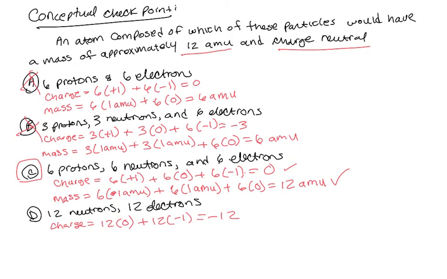And we'll explain why that is later in the chapter. So for mass, we have 12 neutrons that are 1 AMU each, and we have 12 electrons that are about 0 AMU. So that meets our condition of 12 AMU. So this will just verify that C is the correct answer.